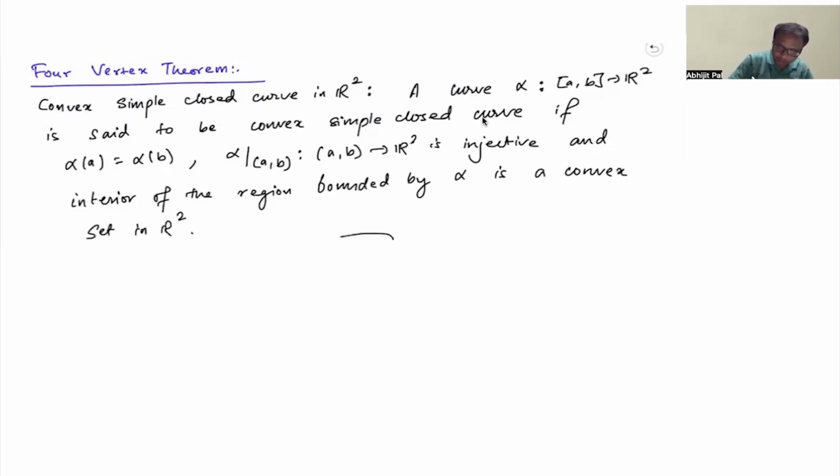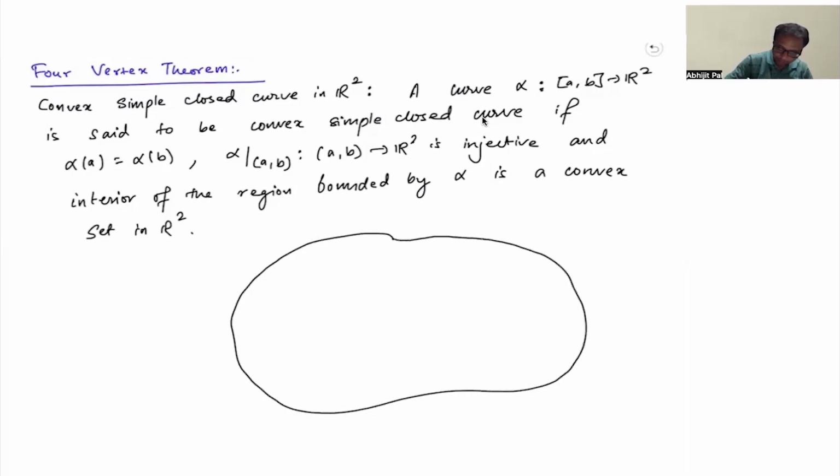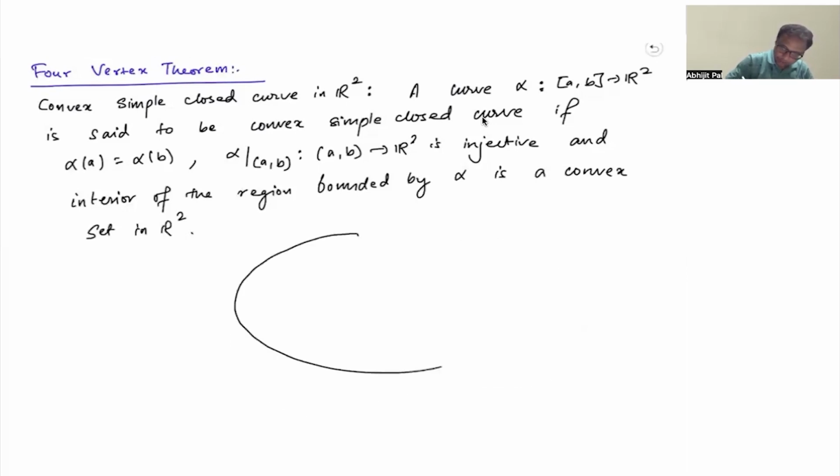Suppose this is my alpha. Convex means that if I take any 2 points x and y inside this region, the line segment joining x and y lies totally inside this region.